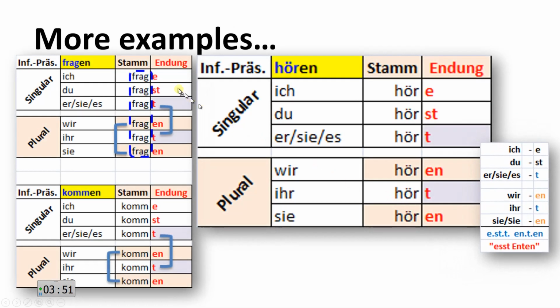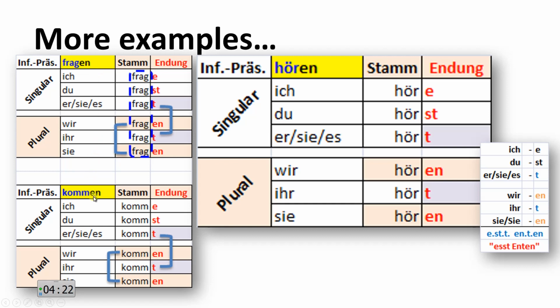Another example, fragen, to ask. You see the stem, which will not change, and the ending, ich frage, du fragst, er, sie, es fragt, wir fragen, ihr fragt, sie fragen. Third singular identical to second plural, first plural identical to third plural, fragen identical to the infinitive.